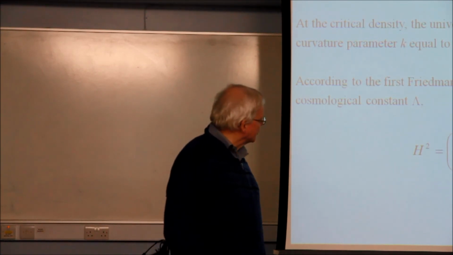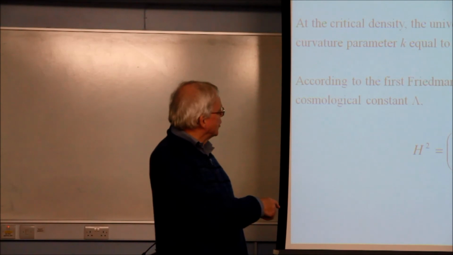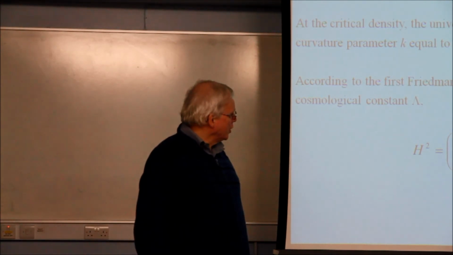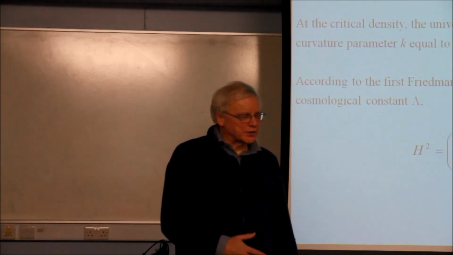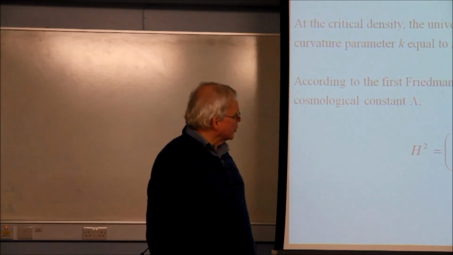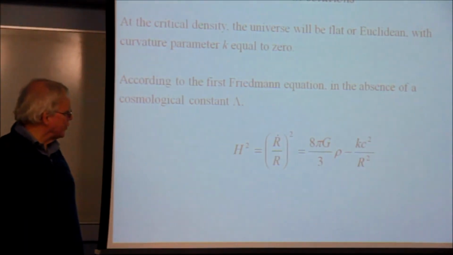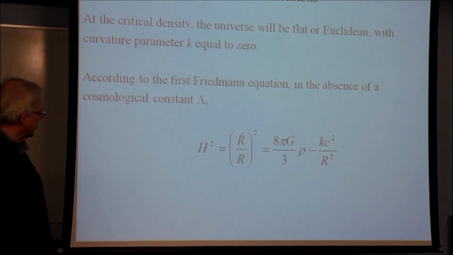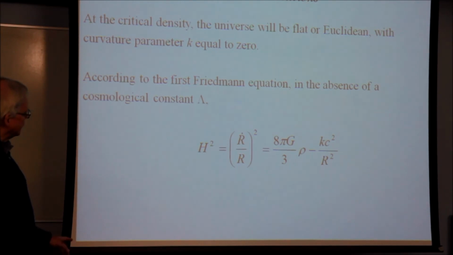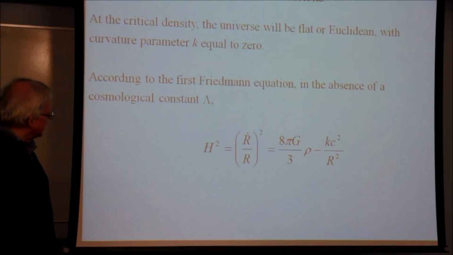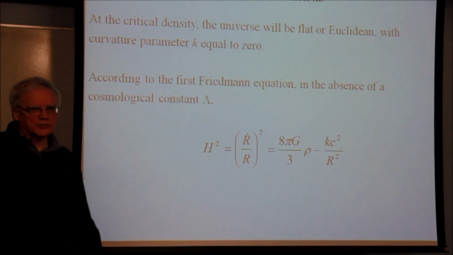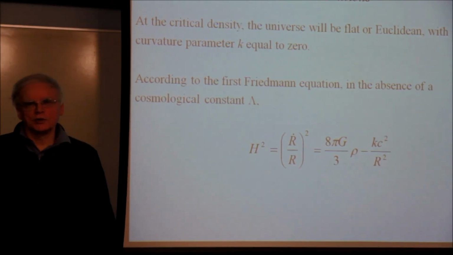And the curvature parameter, this is the first Friedmann equation down below. And you can see it's a very simple equation. You've got 8 pi G rho over 3, which is basically the density term, and the curvature term, minus kc squared over R squared, where k is the curvature. So this gives you a value for the Hubble constant, and this is assuming that there isn't any cosmological constant.